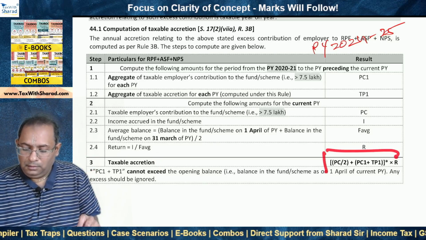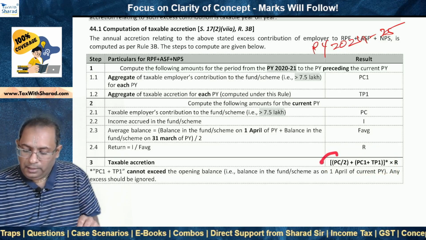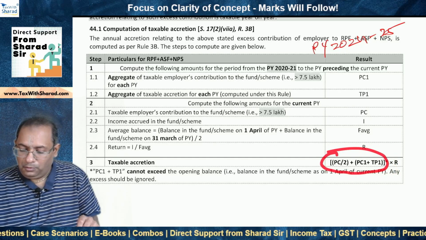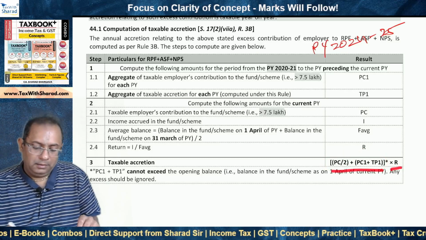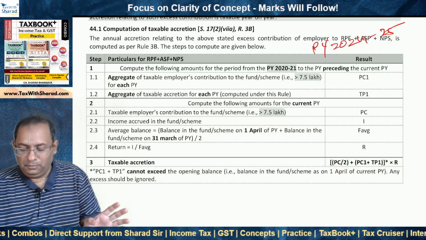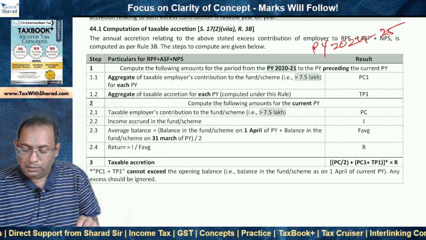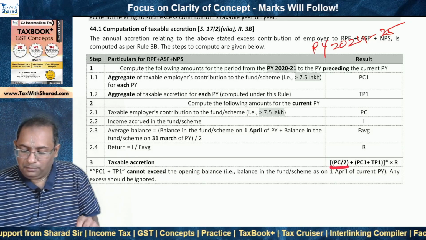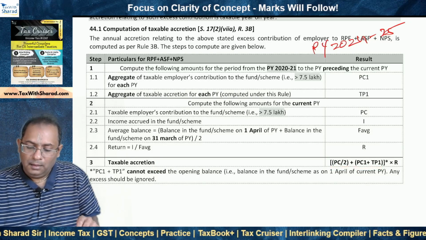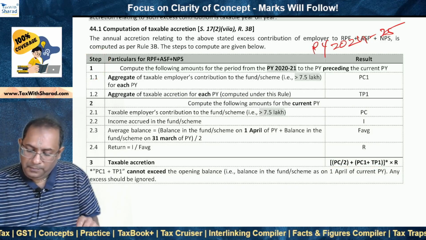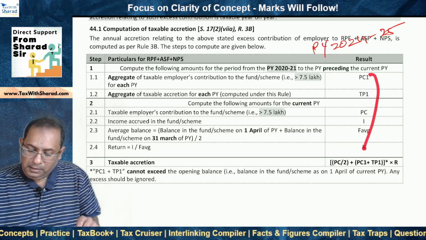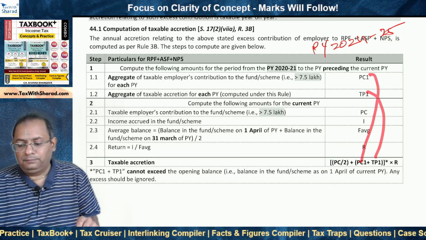So this is the formula. We apply this particular amount by R, which is the return, and this is when we get the taxable accretion amount. And what is this amount? We basically add 2 things. In respect of step 1, we add PC1 and TP1.